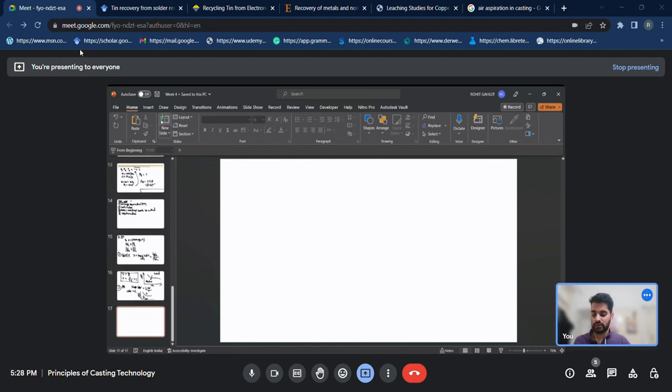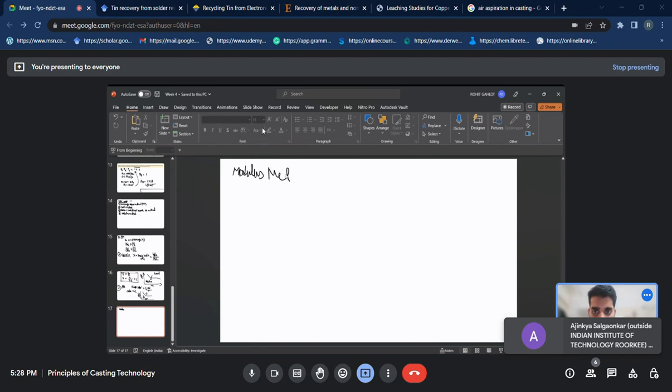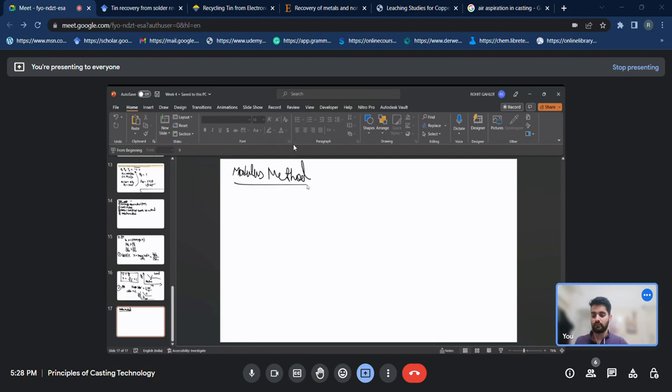Okay, so next, finally, the modulus method. Modulus is the ratio of the volume of the particular casting to the area of the casting, or for the riser, it is the ratio of the volume of the riser to the area of the riser.